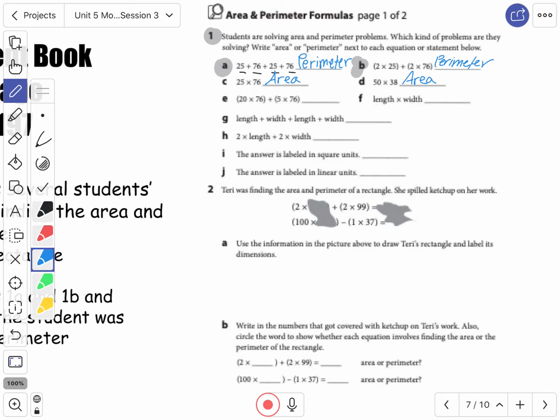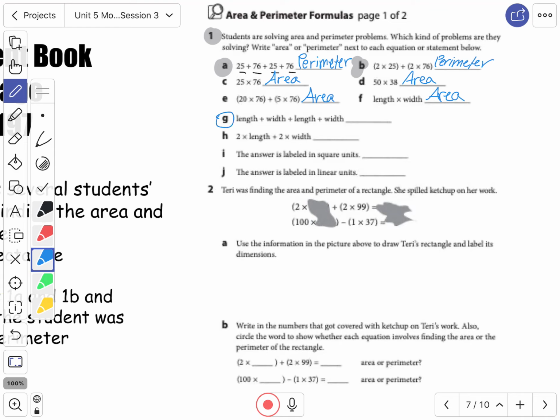E, 20 times 76 plus 5 times 76. Boys and girls, that is the same thing as 25 times 76, okay? I know it looks a little interesting, but you're still solving for area with this one, okay? Last but not least that I will do with you would be length times width. Boys and girls, that is the formula for area.